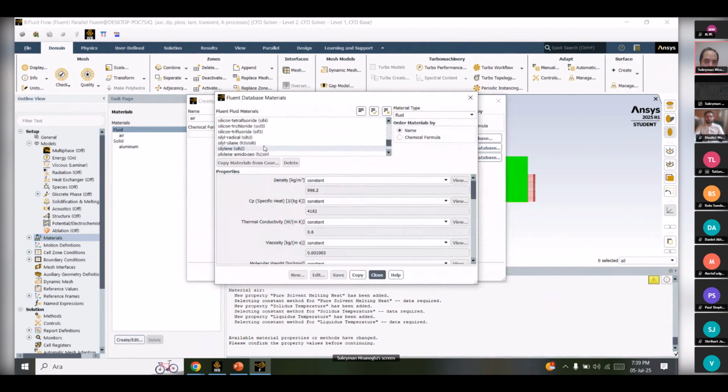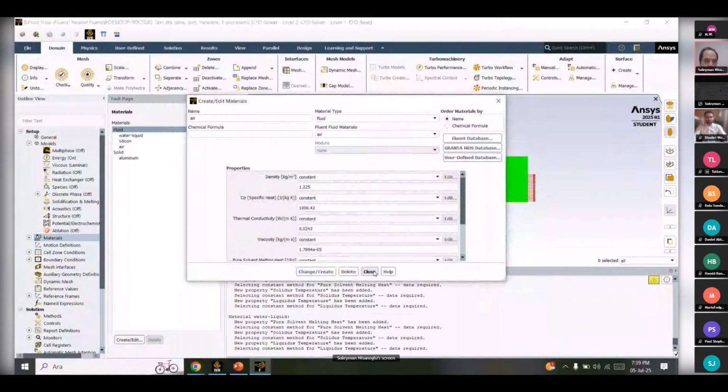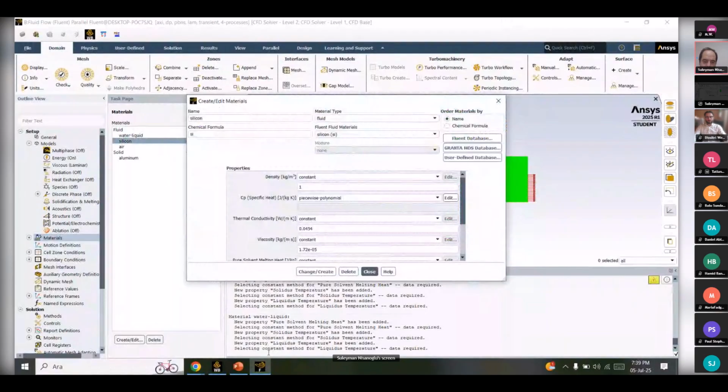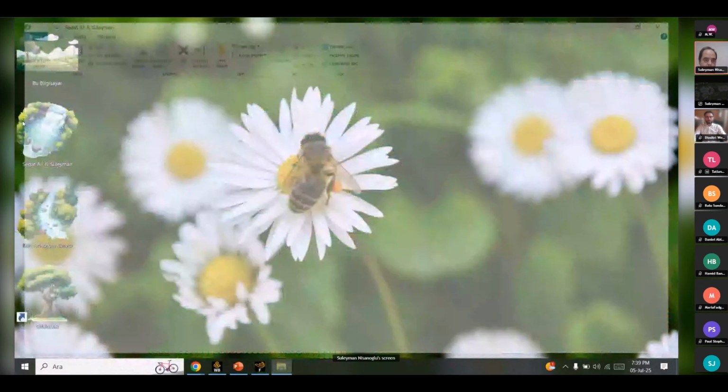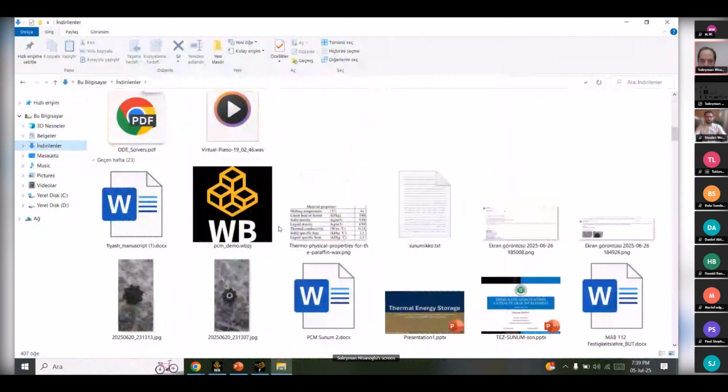I change the silicone as paraffin. Okay, water liquid is good, but I change this material. One minute, I will find the image as here.